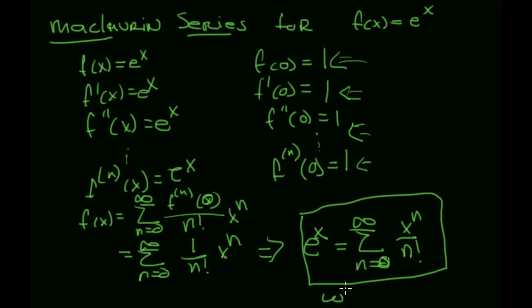And the question is, where does this converge? Well, how do we do that? We use the ratio test. Okay, so we just established that the series from n equals 0 to infinity of x to the n over n factorial is e to the x. But we need the interval of convergence.